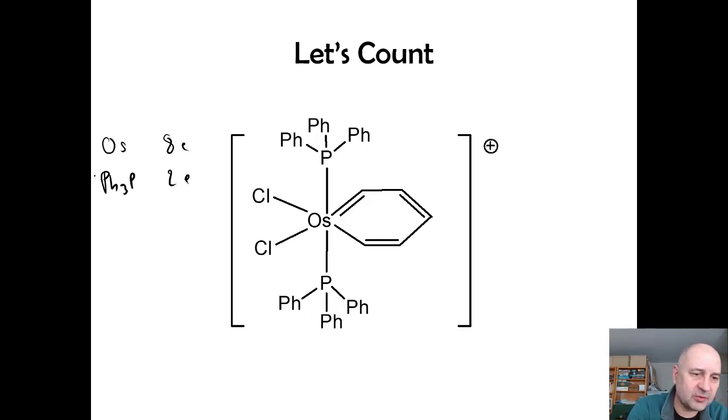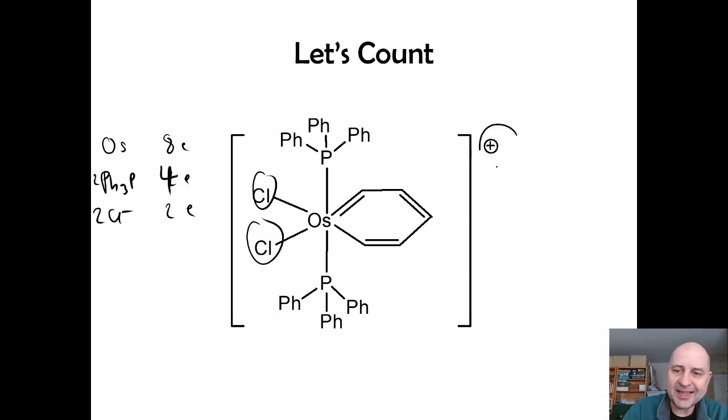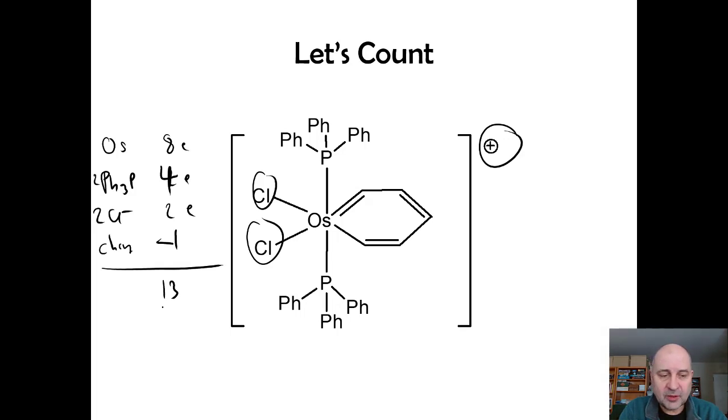We have 2 of them, so 2 times 2, that makes it 4. We have 2 chloroligands again, so 2 times that. We have a charge, so we subtract an electron. If you add all that up, that's 12, 14, that's 13. So if we could get 5 electrons out of that, it would be 18 electron species.